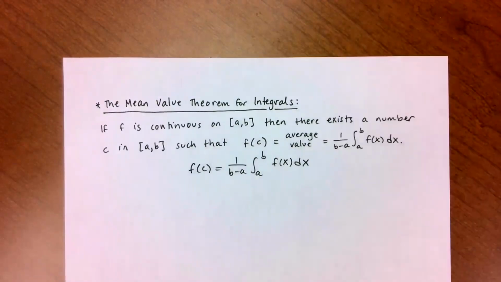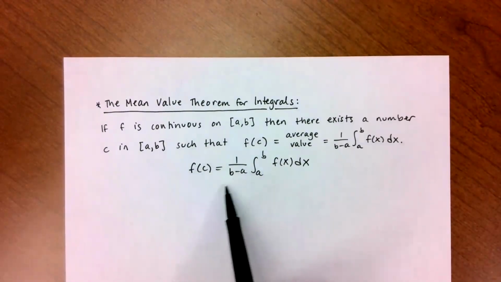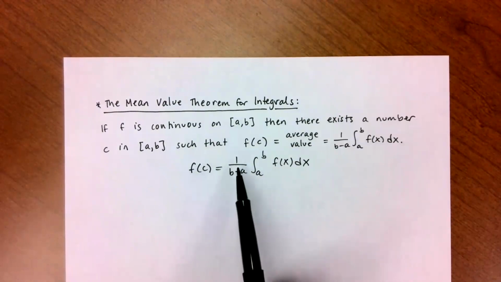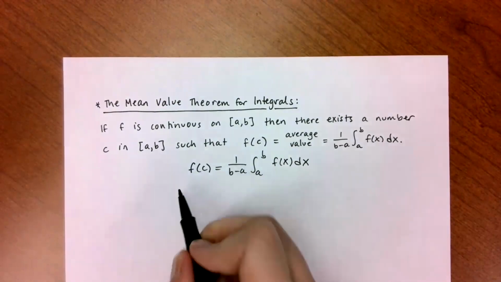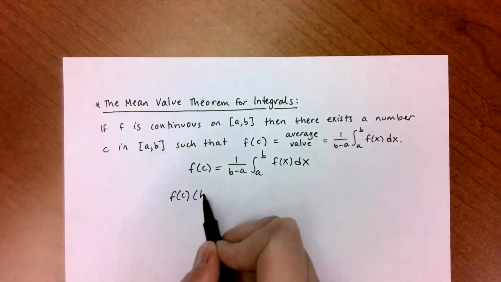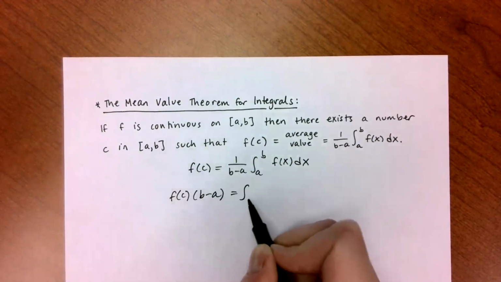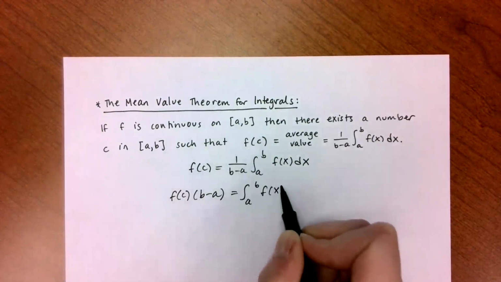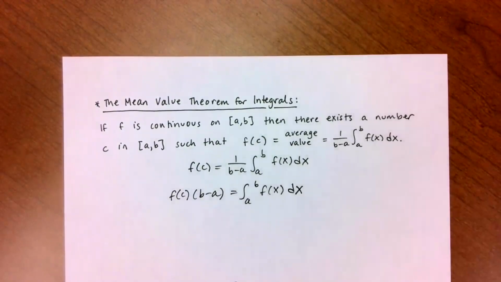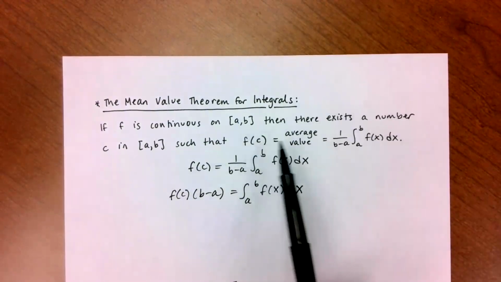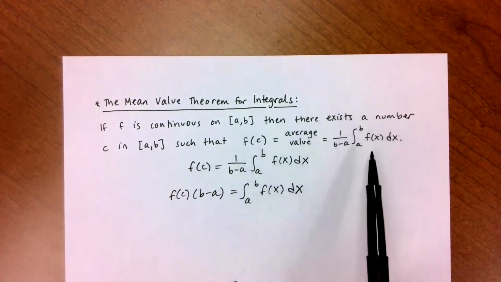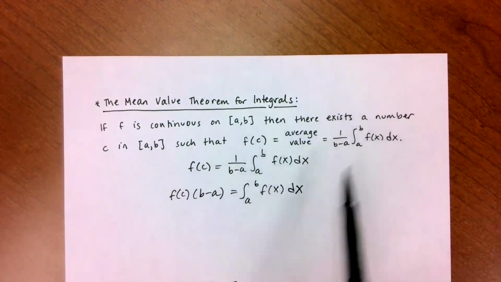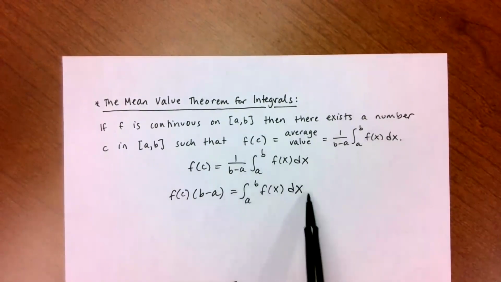sometimes people write this with the b minus a multiplied onto the left-hand side. So if we multiply b minus a over, we get f of c times whatever b minus a is equals the integral. So another interpretation of somebody's y value equals the average value is that this definite integral area, right?